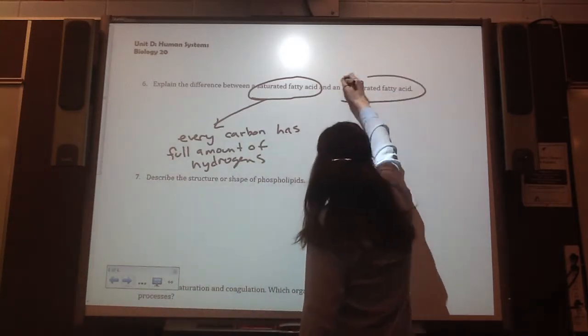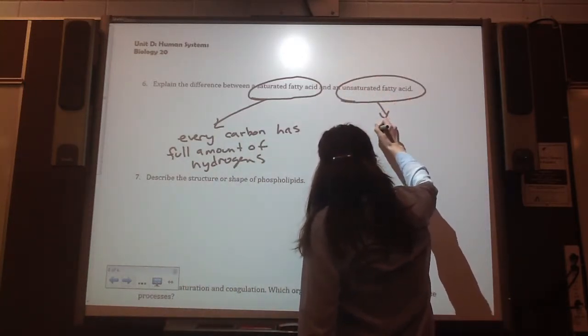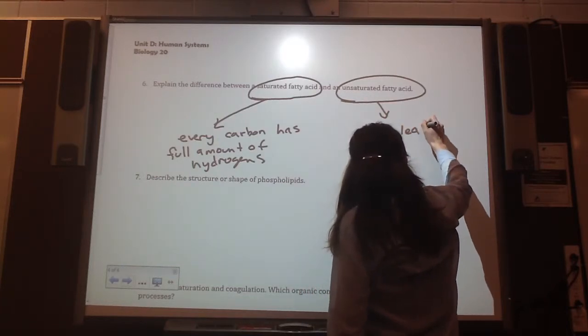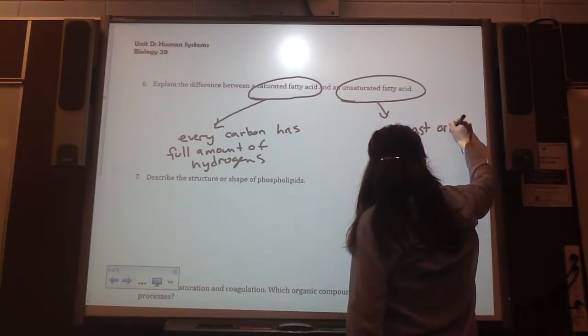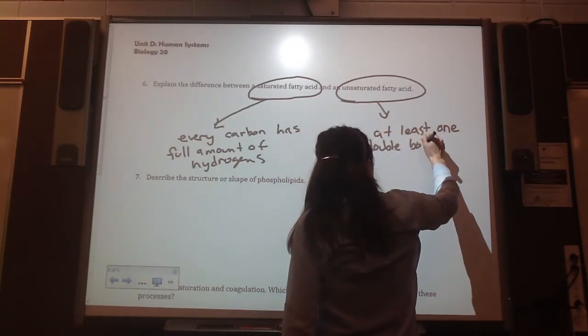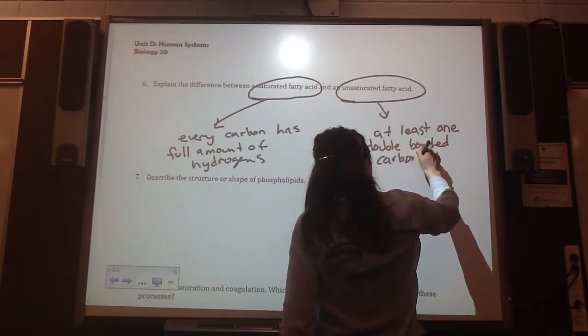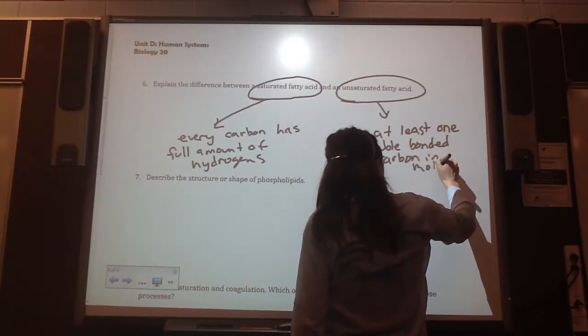An unsaturated fatty acid is the opposite. At least one double bonded carbon in the molecule.